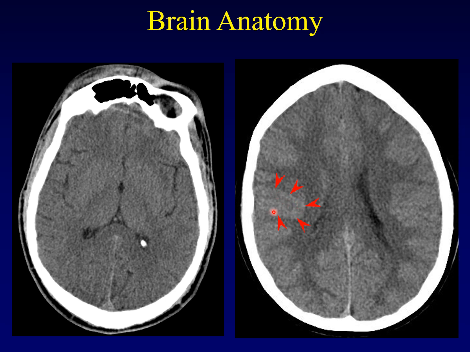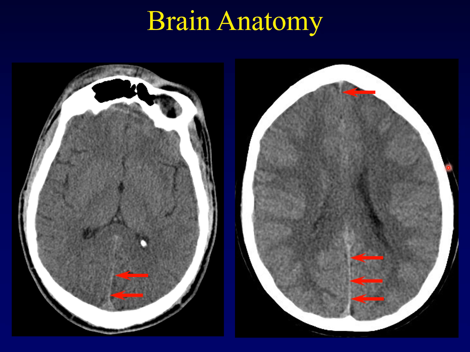So this denser material, this ribbon of dense material that goes all the way around the outside of the brain, that's the gray matter. Those are gyri. And the white matter is the less dense material deeper down.